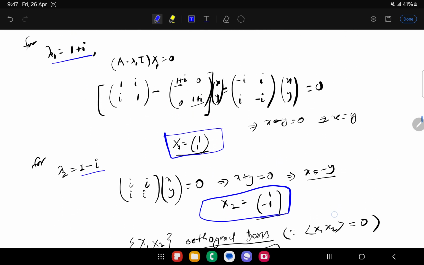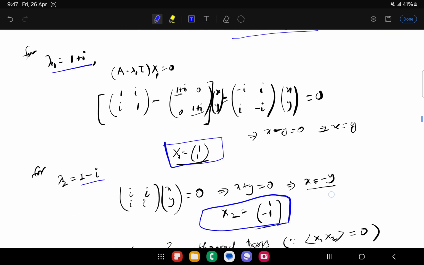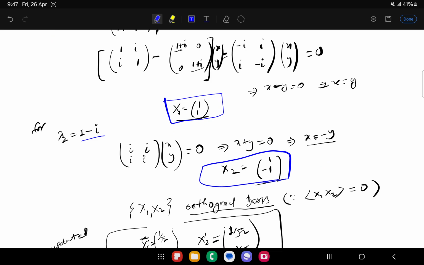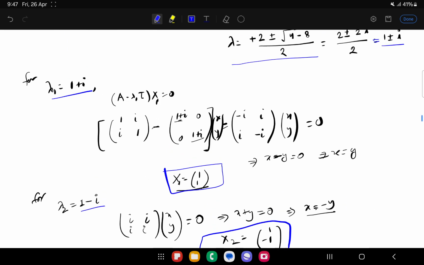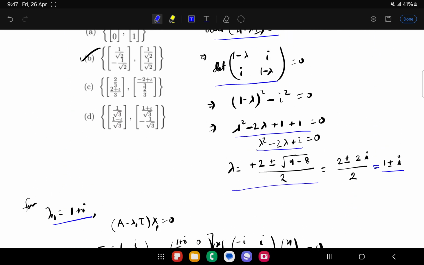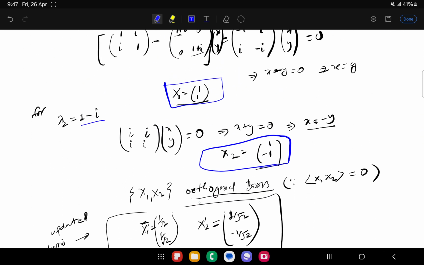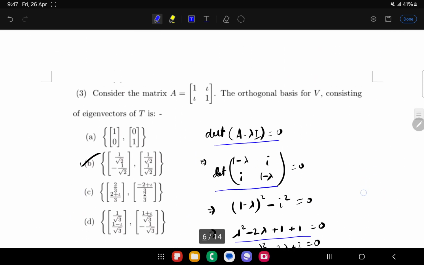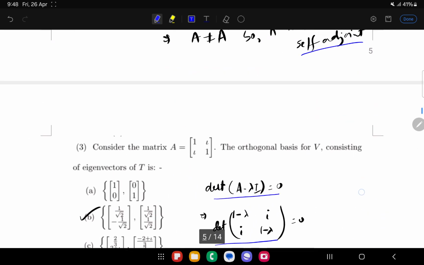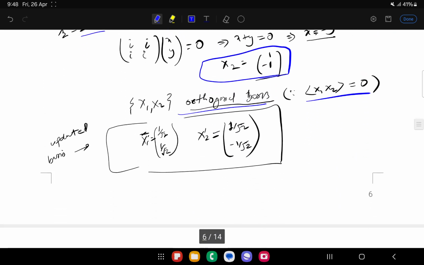These eigenvectors are linearly independent because the eigenvalues are distinct. So this becomes a basis, but it is not orthonormal. It is orthogonal, you can check it. This is an orthogonal basis in fact, because our matrix was symmetric.